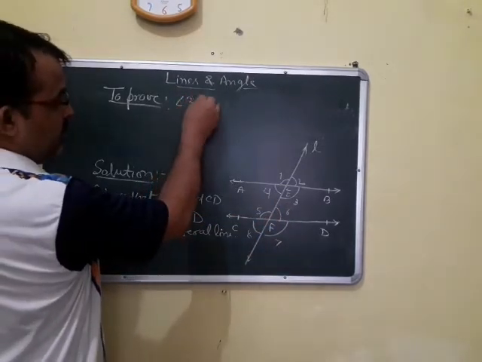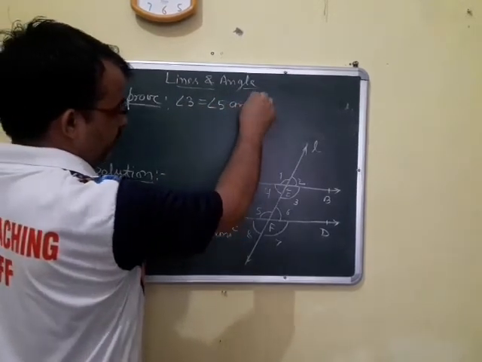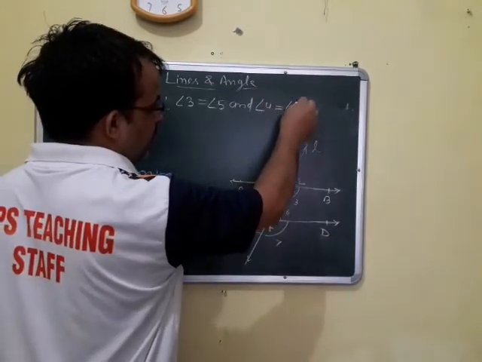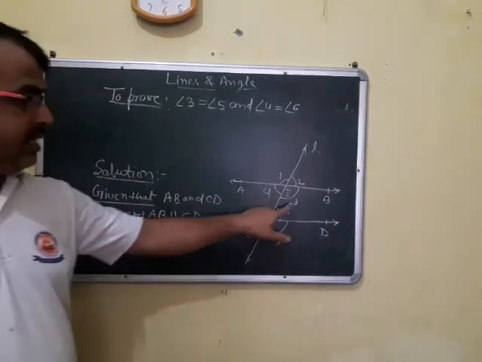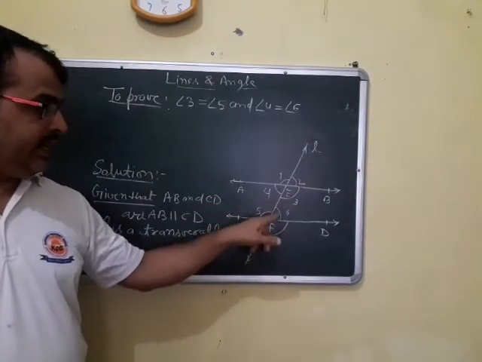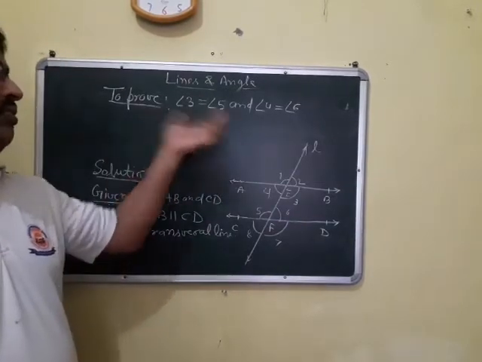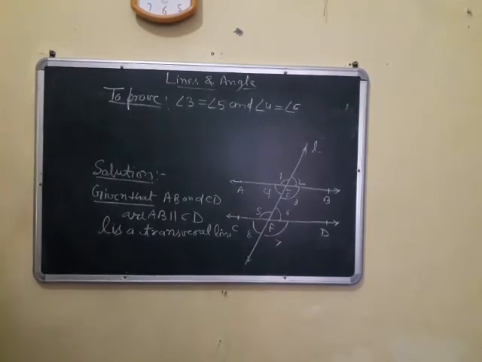Angle 3 is equal to angle 5 and angle 4 is equal to angle 6 prove करना है. These are alternate interior angles. तो according to the theorem के according हमें यही prove करना है. Clear?